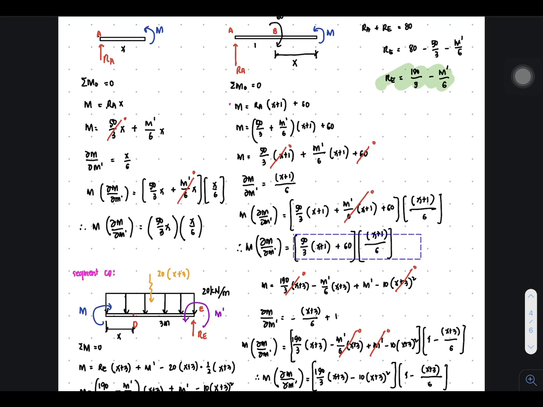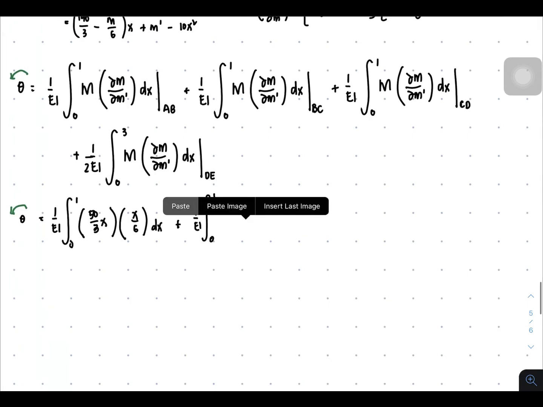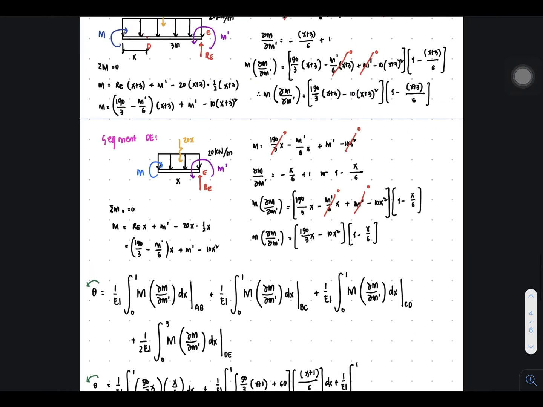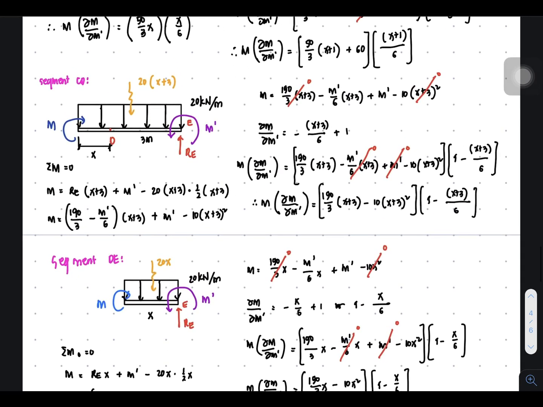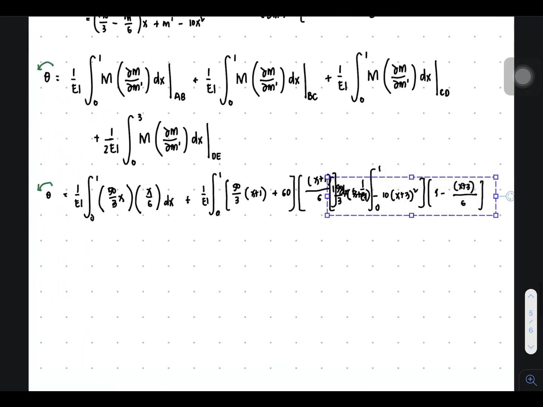Here it is, BC. Let's copy this, BC, and then we're going to paste it here. So the same limit 0 to 1 dx, then plus the 1 over EI of the next integral, the same limit 0 to 1 for CD. So where is CD? Here is CD. Let's rewrite it here.